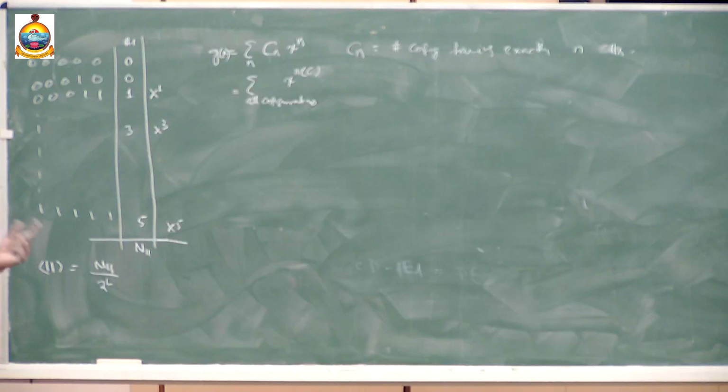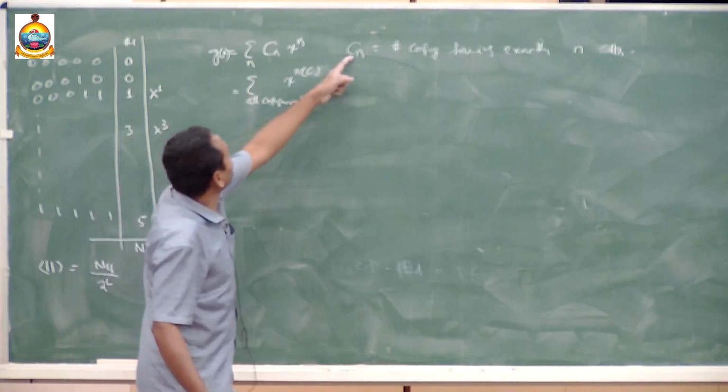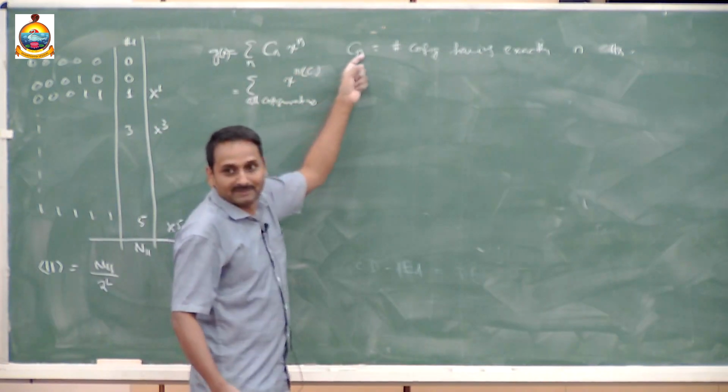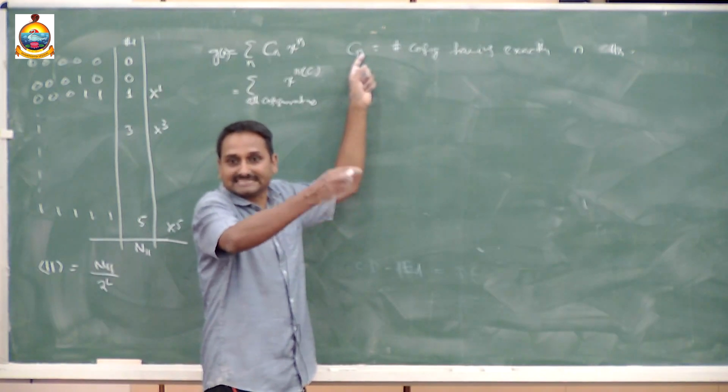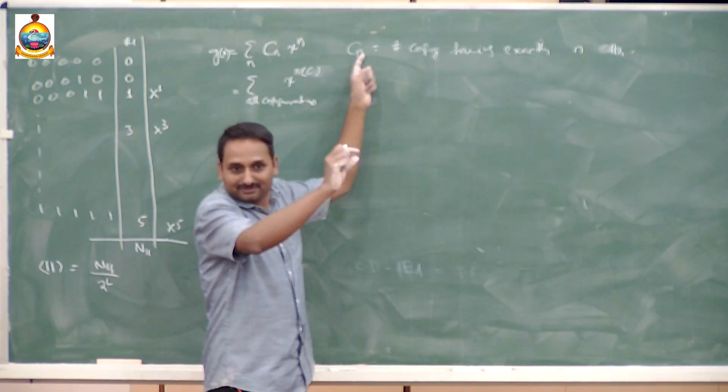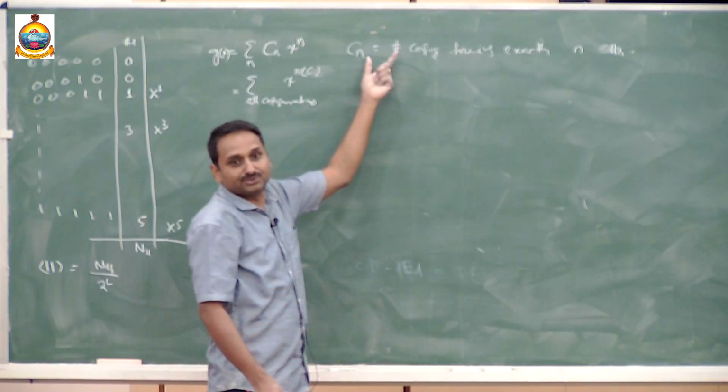Summation over all configurations of x to the power n, because that's what I did here. For each configuration, you don't have to bother what n somebody wants. For this one, you put x to the power 0. This one is to the power this. So for each configuration, you are doing that. That's the way you are coming out of this restriction. Here, we wanted all configurations with exactly n consecutive ones. This was the restriction which you could not handle.